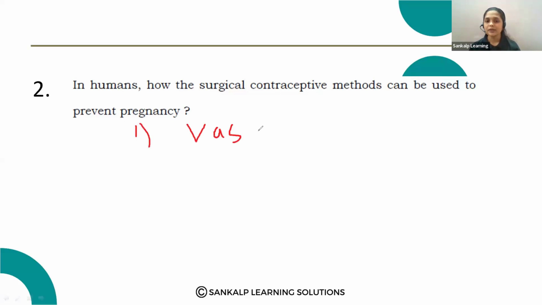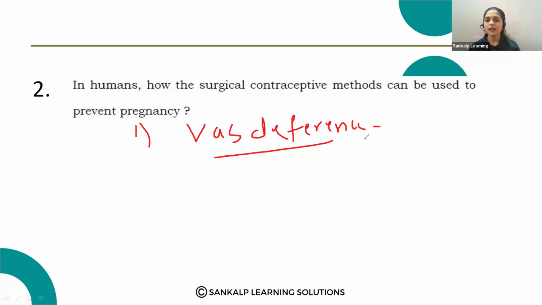What is the vas deferens? The vas deferens is blocked. The vas deferens carries the sperms, right? So if the vas deferens is blocked, that is also called vasectomy. This is also a type of surgical contraceptive method.